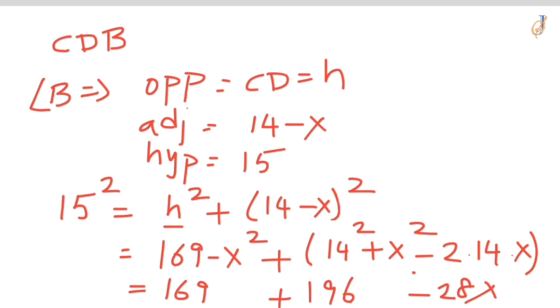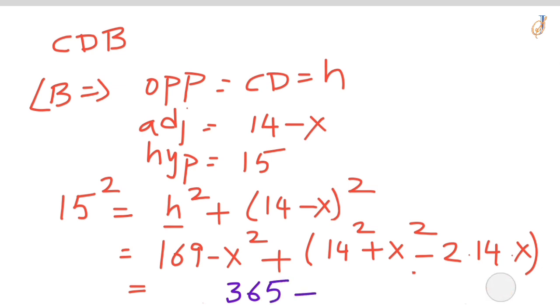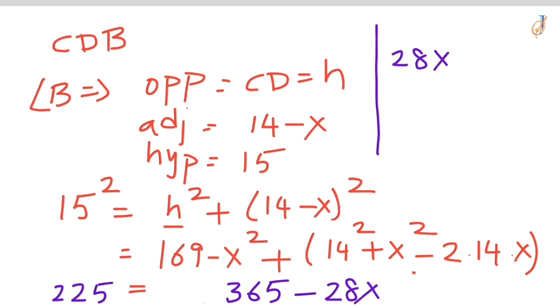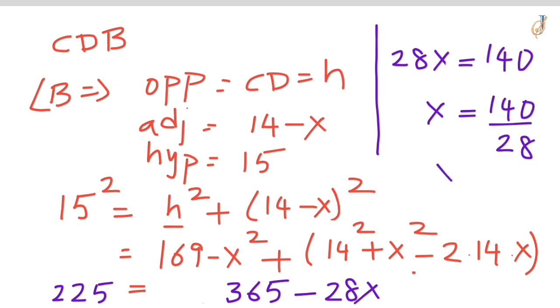So you are left with 169 plus 196, which gives 365, minus 28X. On the left hand side we have 15 square, which is 225. So that means 28X equals 140. So X equals 140 divided by 28, which gives 5. So the X value is 5.